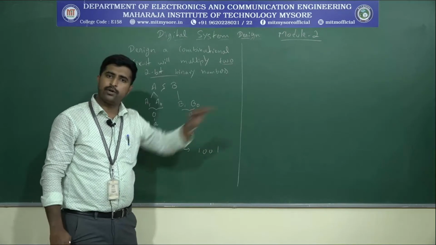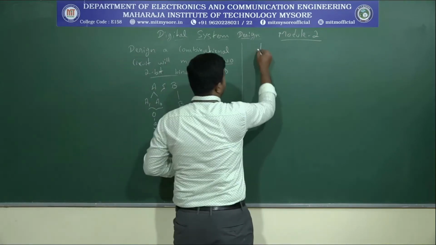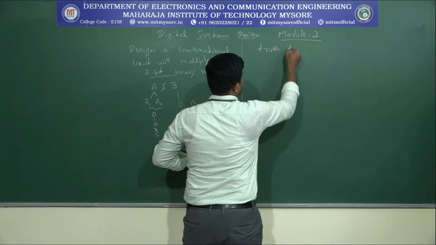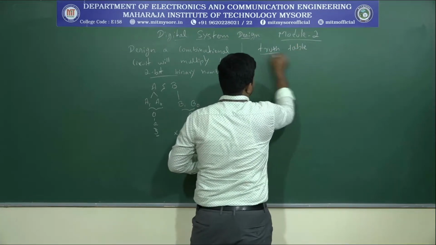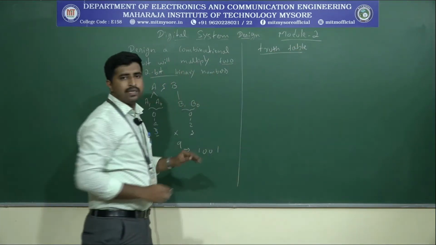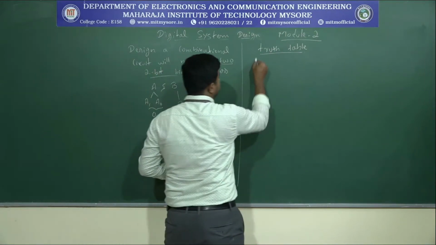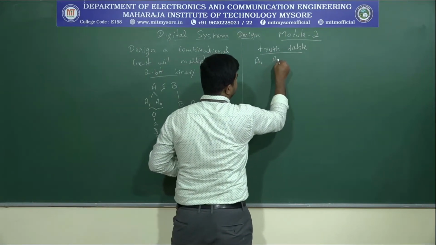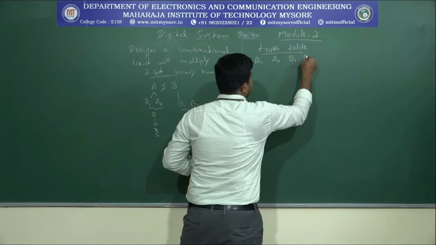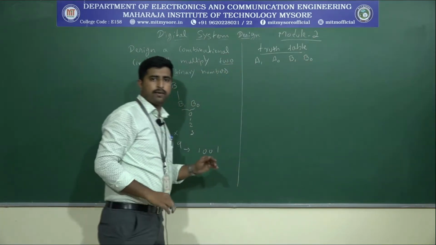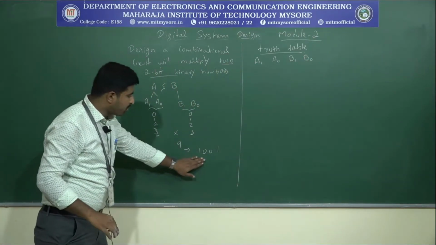Let's construct the truth table. Inputs A1, A0, B1, B0, so there are 4 bits.